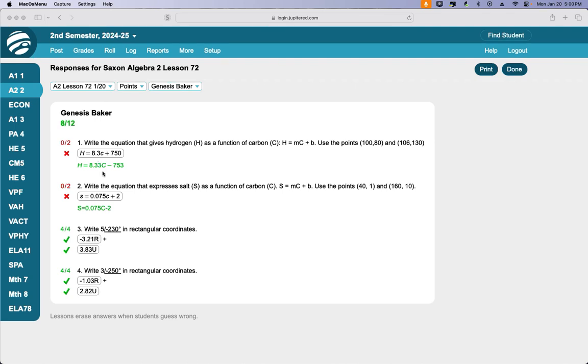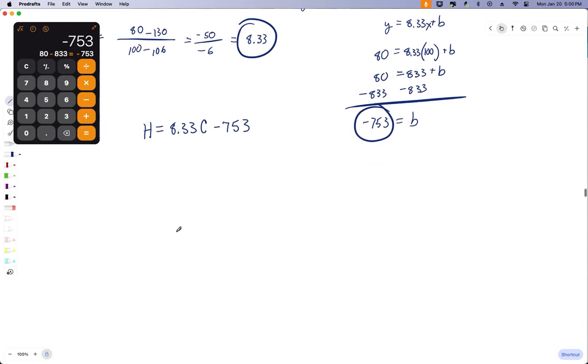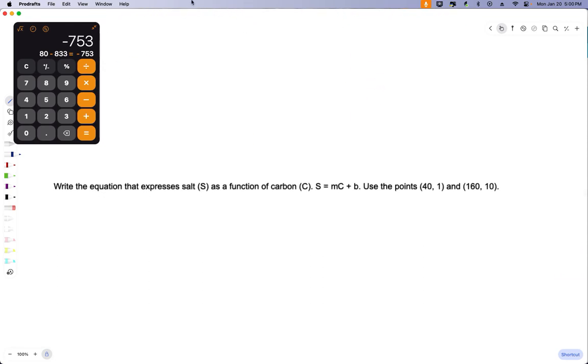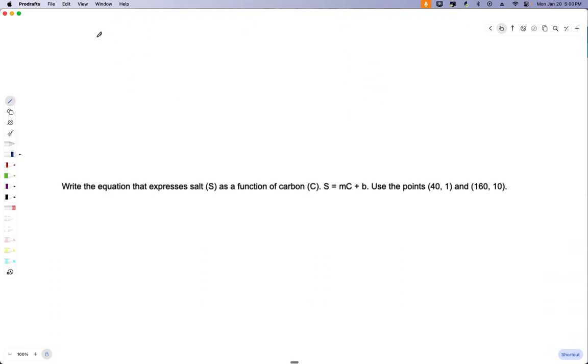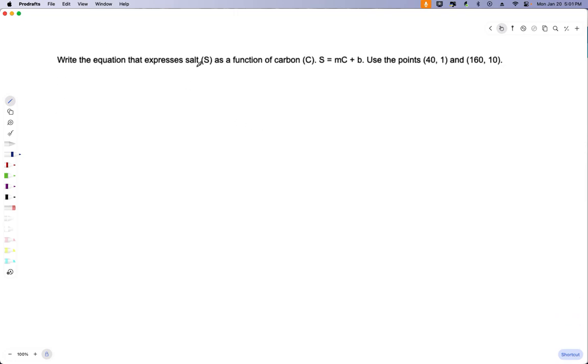All right, so let's look at the other one. Let's see what happened there. So we're going to do the same thing. Write the equation that expresses salt as a function of carbon. This is the equation. It's still y is equal to mx plus b. Use these points.